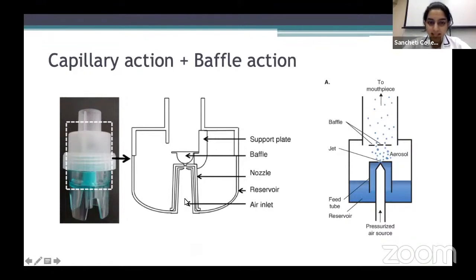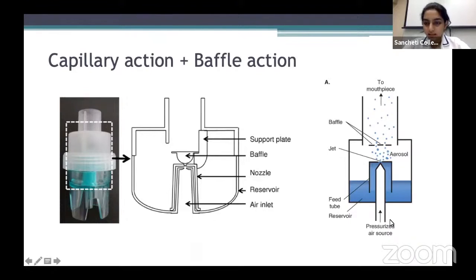It has an air inlet down here through which air will be moving upwards. Then you see this green colored piece here that sits on top of this nozzle. The round, semicircular shaped part is called the baffle. And this outlet above is from where the aerosol will then reach the patient. Now, what is happening here? There's a simplified image on the right side, so let's use this to understand what is happening.